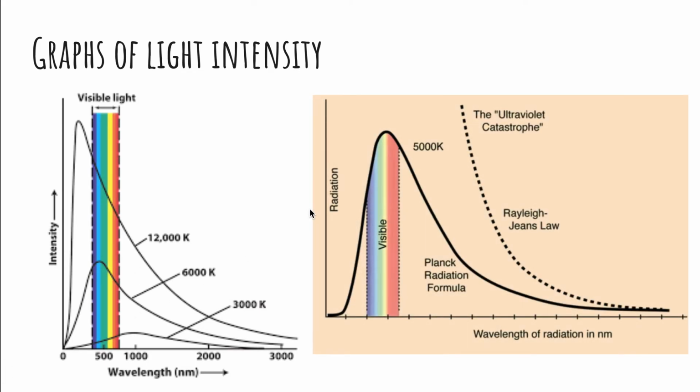There's a big problem with this because of classical mechanics. What we see based off experimental data does not match what was observed using classical understanding of energy. And that was the Rayleigh-Jeans law, and it led to something called the ultraviolet catastrophe.